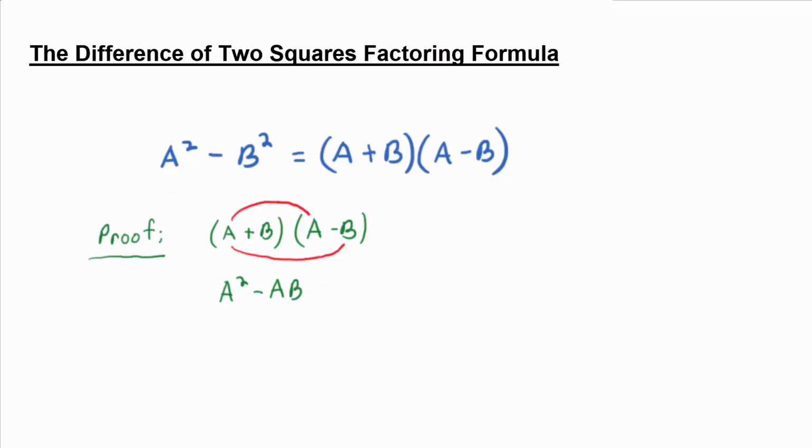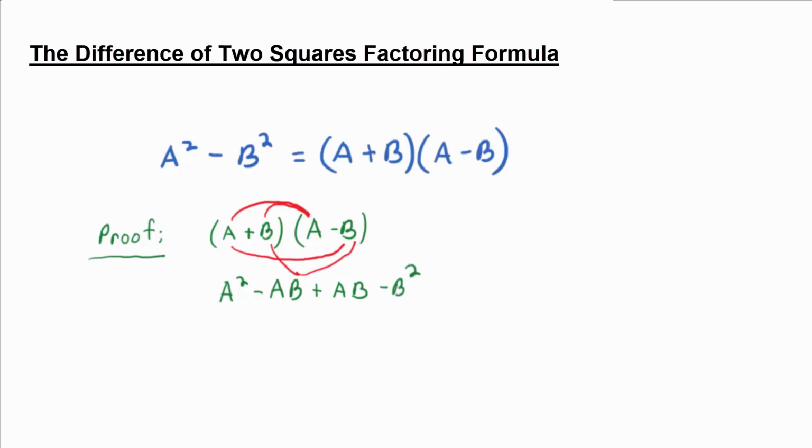And then that's the outer. What about the inner multiplication? It's plus ab. And the last multiplication? Yeah, I'll do it that way. b distributed over minus b makes a minus b squared.